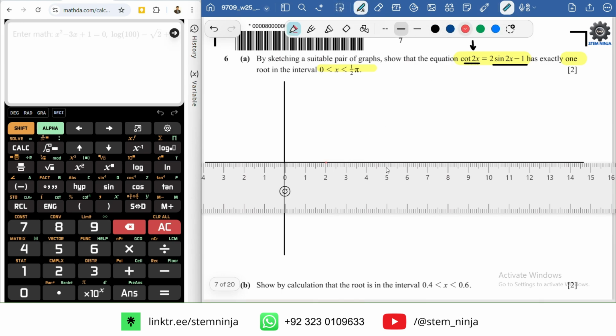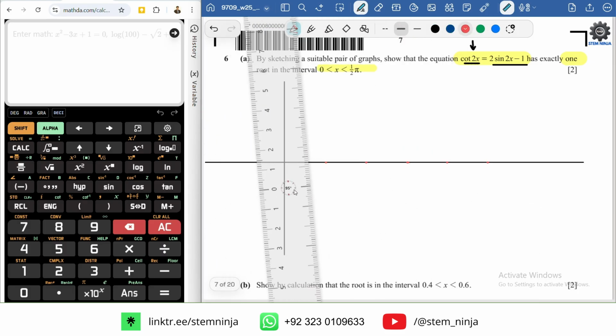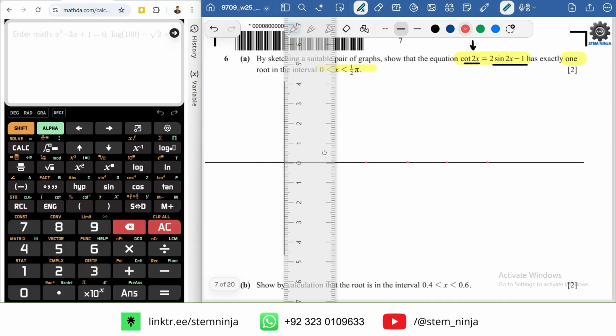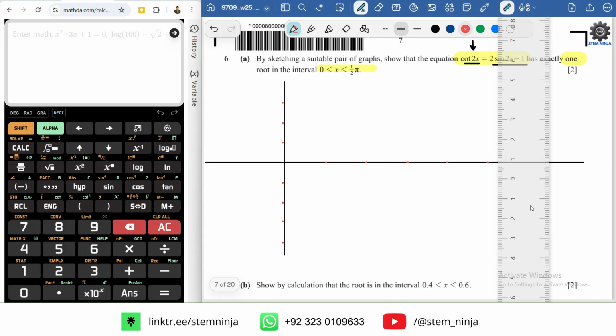So 1, 2, 3, 4, 5, and 1, 2, 3, 4, 5, 6, 7.